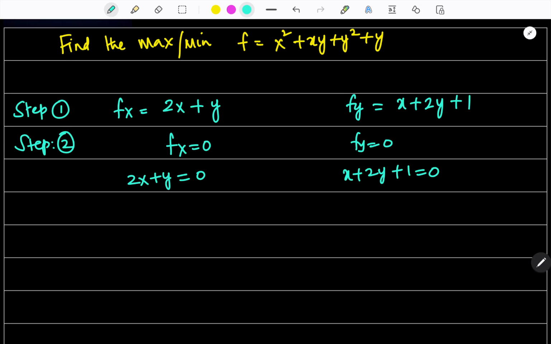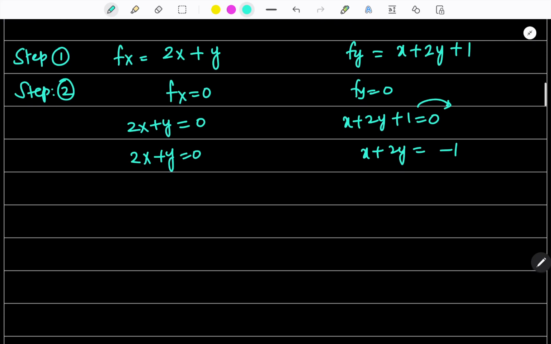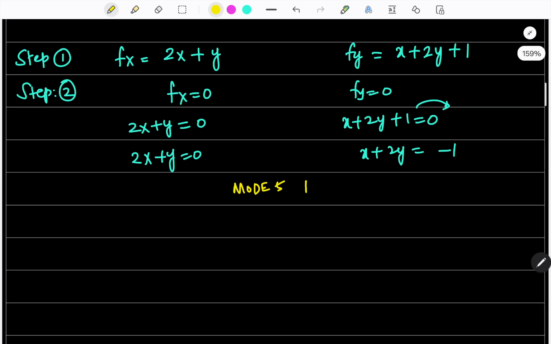When you see these two equations, they look like simultaneous equations. I'm going to write them properly: 2x plus y equal to 0, x plus 2y is equal to minus 1. Now take your calculator and use the equation mode with two variables.